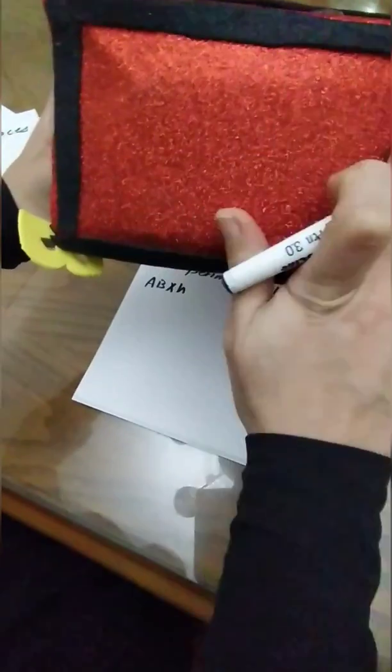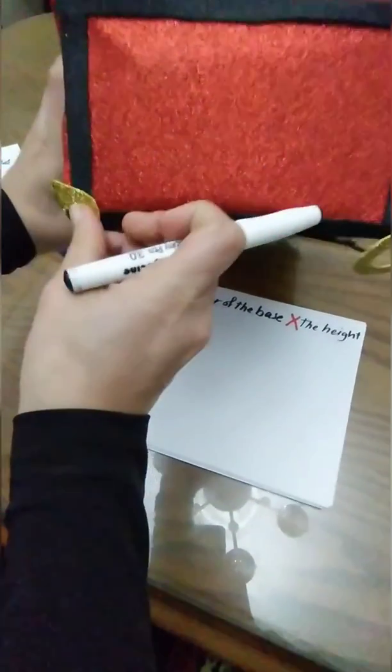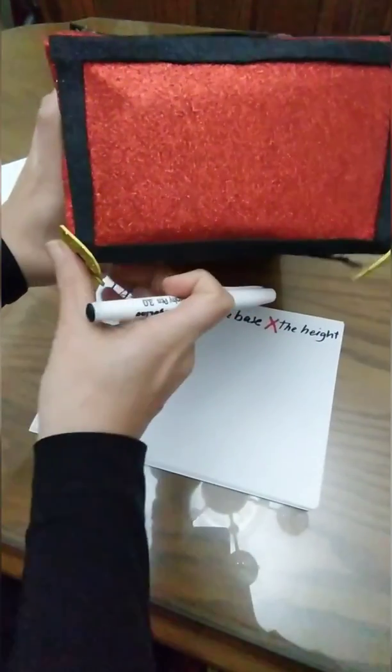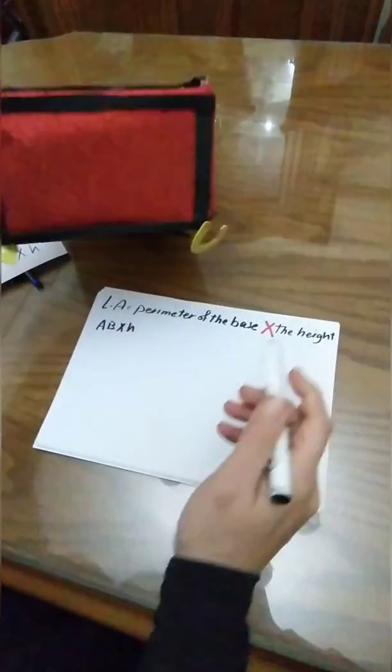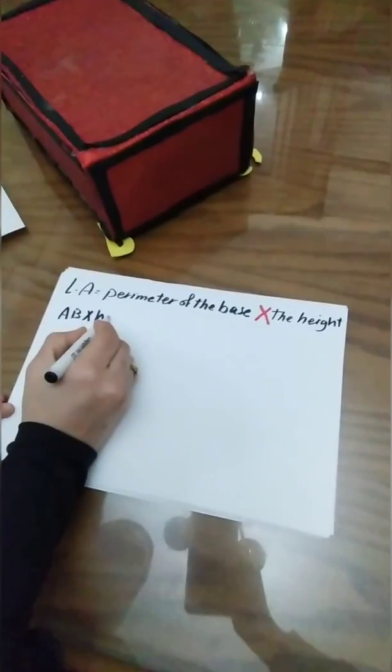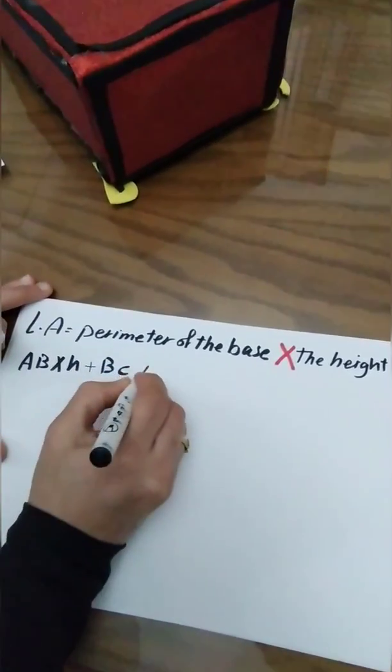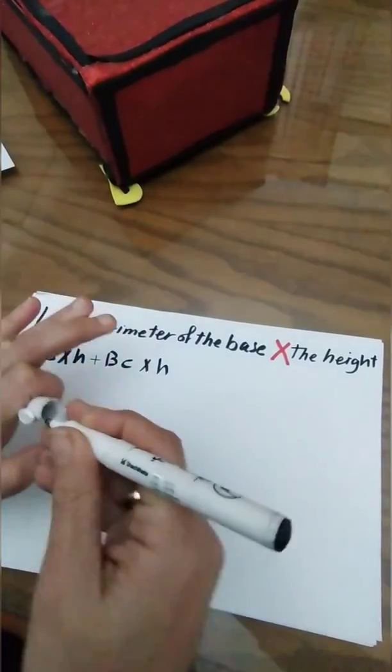Let's go to the second face here. The area of this face will be equal to BC multiplied by the height. So here plus BC multiplied by the height.